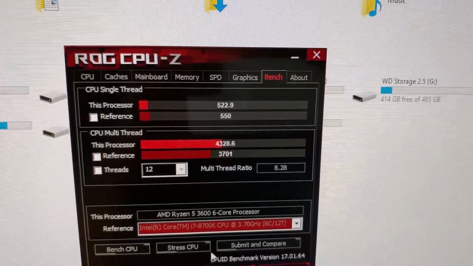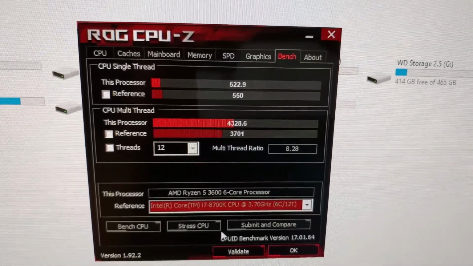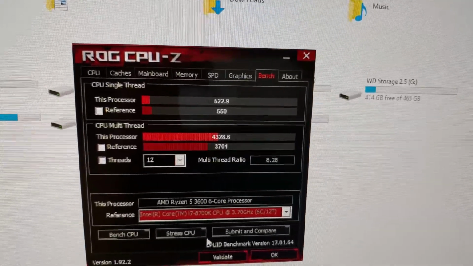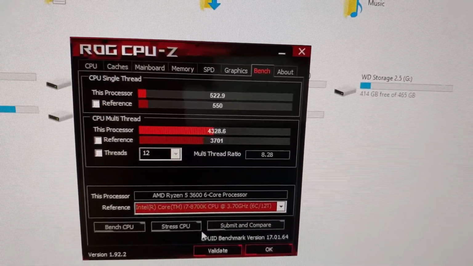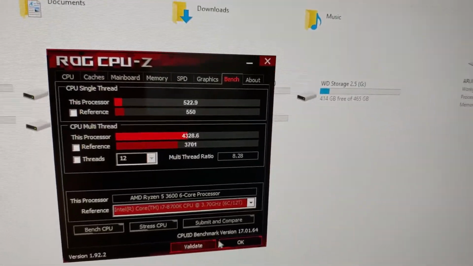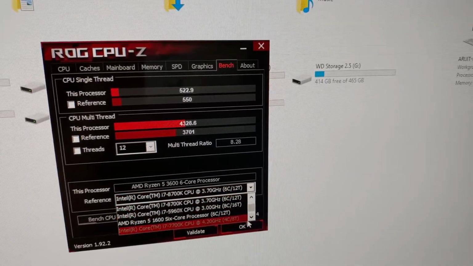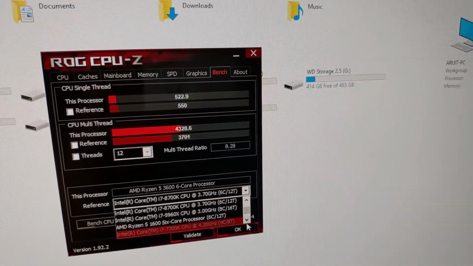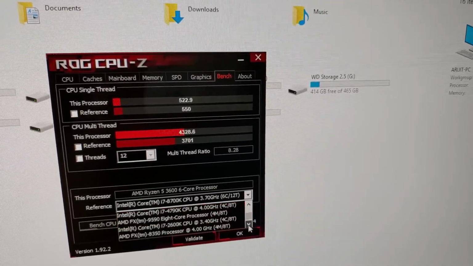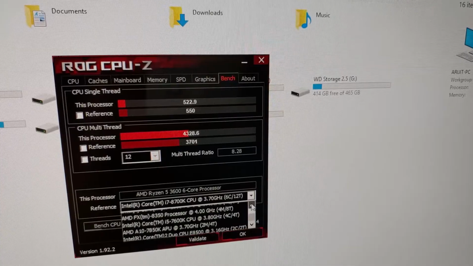That is the reason why many games run better on Intel platforms than AMD, but you can see we have managed to catch up with them, and the difference is honestly not much in single thread as well. Let us check if the 3600 is here, that will be a great comparison, I think. Just wait for a while, I will check.